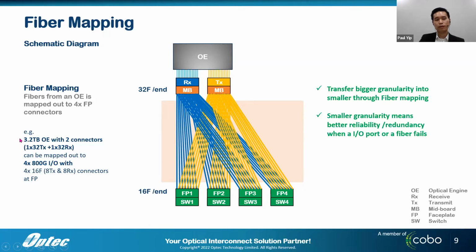If it is a 3.2 terabit OE, each connector will get 800 gigabit. The bigger granularity is transferred into a smaller granularity, which is always good for reliability concerns. Also, if one port fails, the other 3 ports are still connected with the OE. So this is the fiber map.